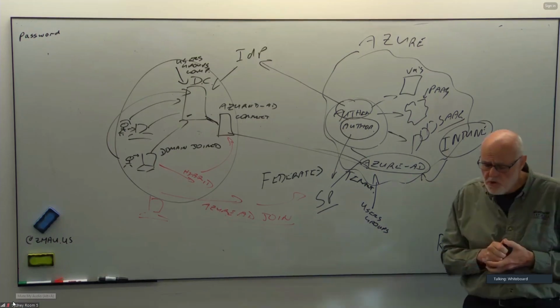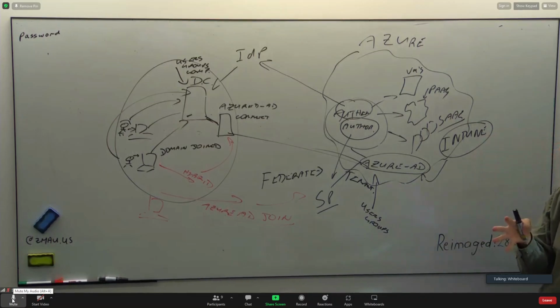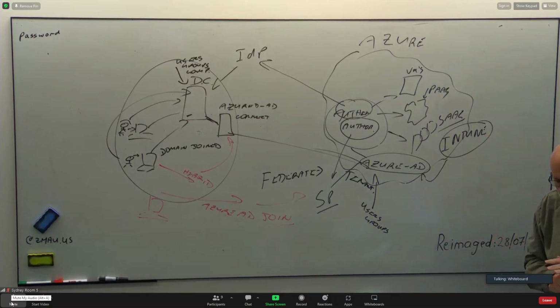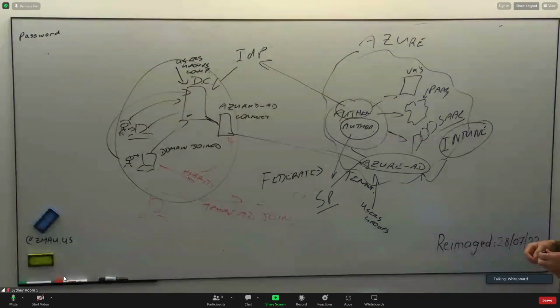Well, it depends on what you guys want to do. Because you've got a domain already, you'll be managing your stuff using group policy. Do you guys use Config Manager as well? Okay, so you'll just be managing it from a group policy perspective on-prem.